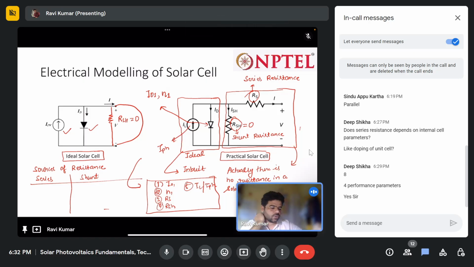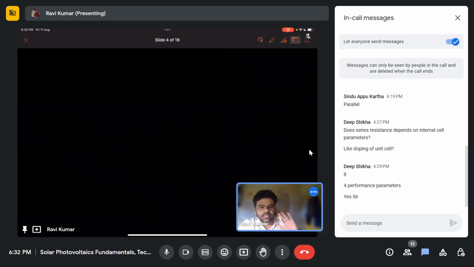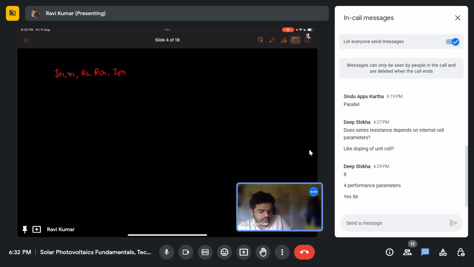Okay, I'll tell you. Using these five parameters: I01, N1, RSH, RS, and IPH, we can generate the IV characteristics.